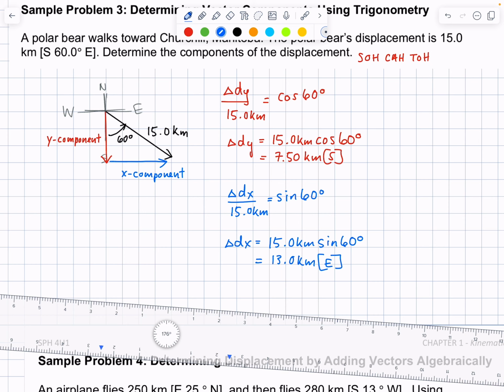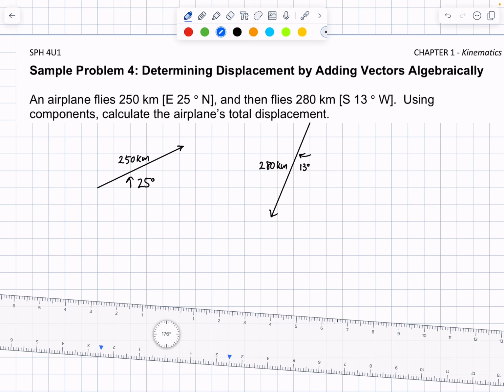This is sample problem number 4. We have an airplane that flies 250 kilometers, 25 degrees north of east, and then flies 280 kilometers, 13 degrees west of the south line. What we need to find is the total displacement.